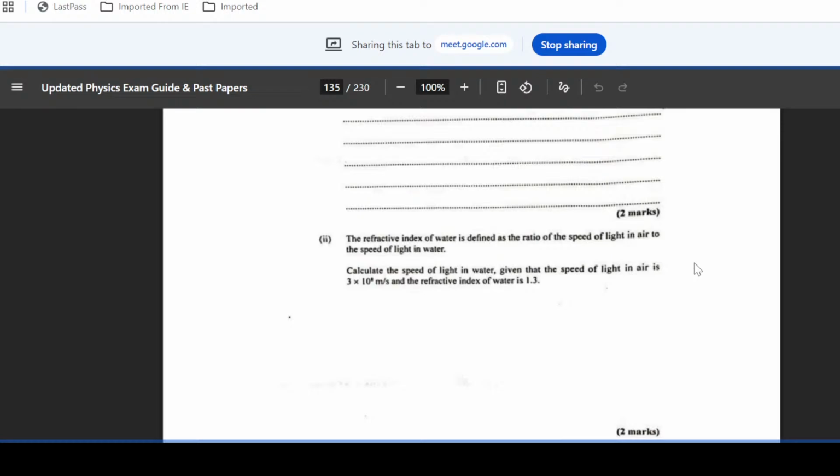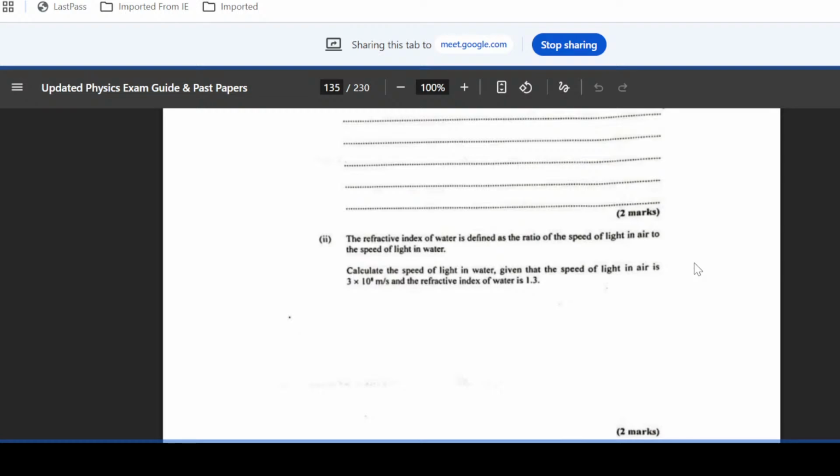So the speed of light in air, I should say, is v1. So that's 3 times 10 to the 8 meters per second over v2 is equal to the refractive index.